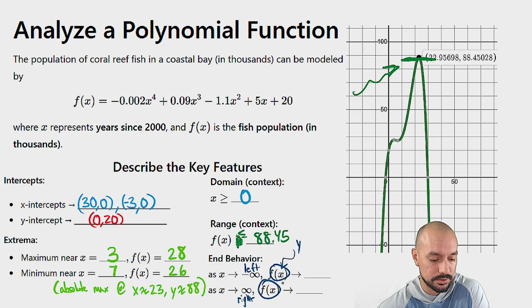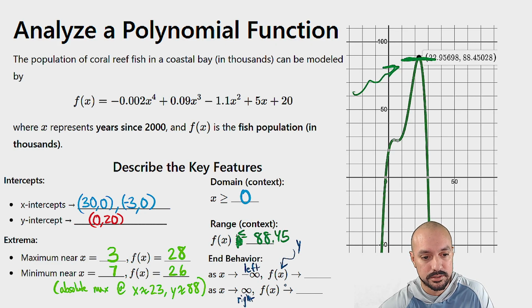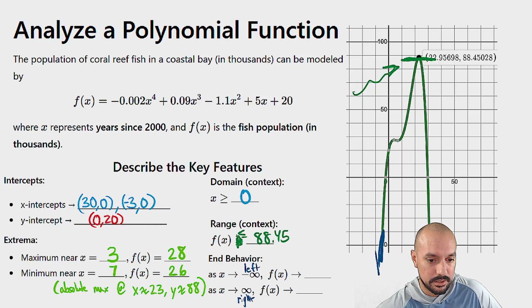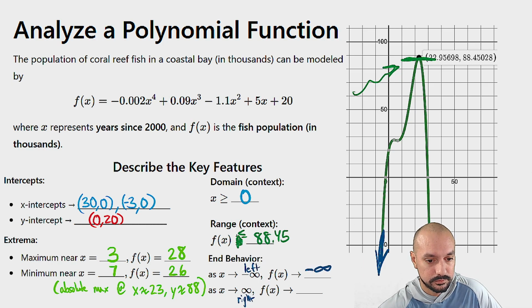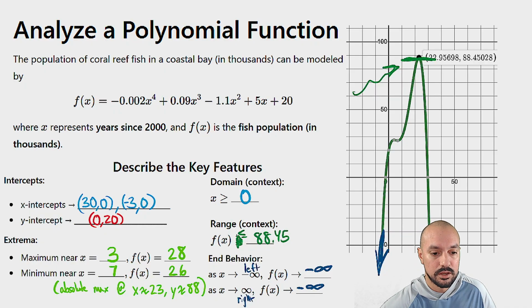F of x is just notation for saying y, the vertical axis. It looks like on the left side, the end behavior is going down, and on the right side, the end behavior is also going down. So I'll denote both of those with negative infinity.